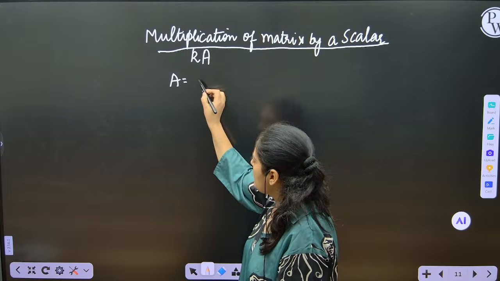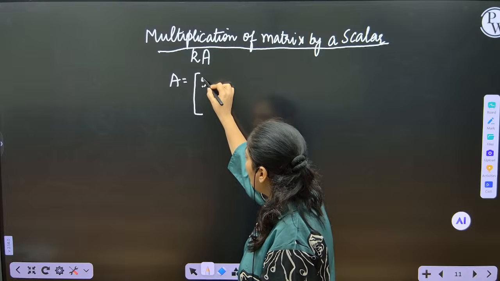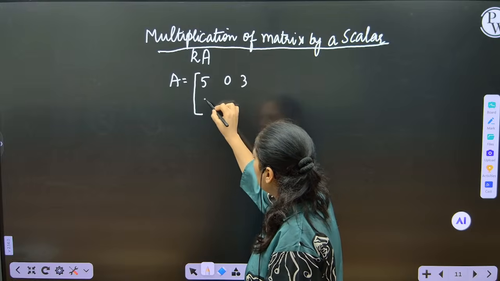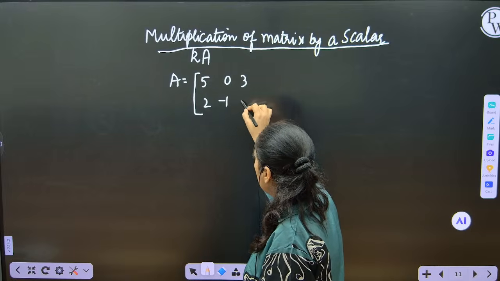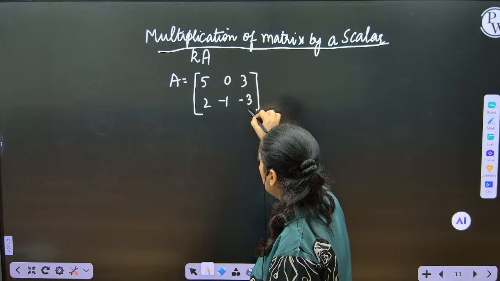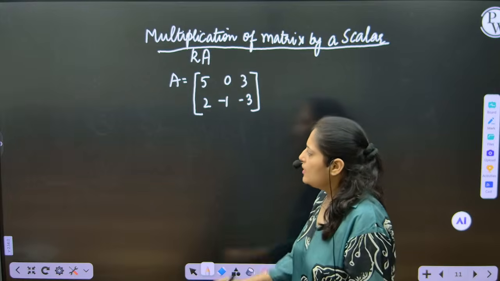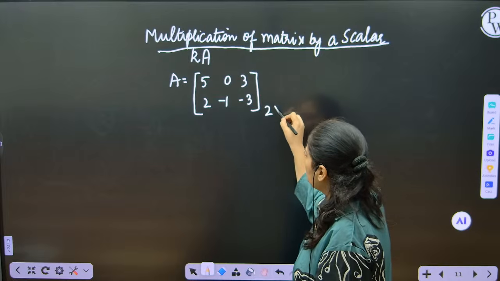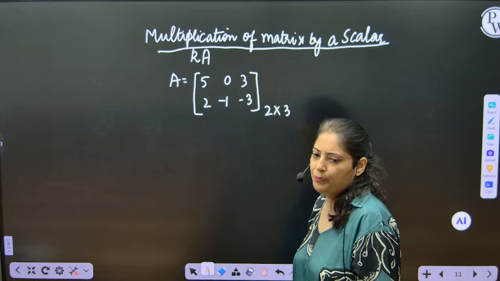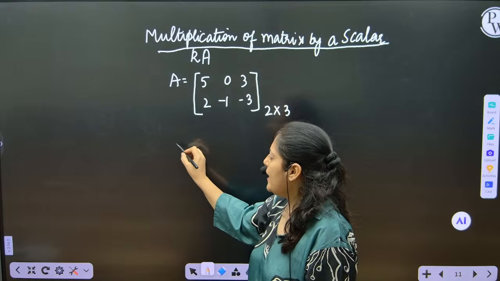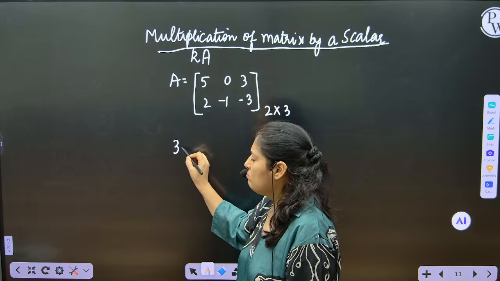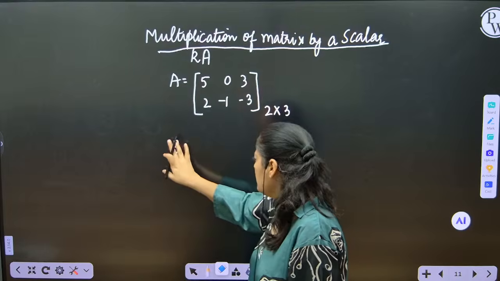So suppose A matrix is 5, 0, 3, 2, minus 1, minus 3. Any matrix is like this. What is the order? 2 rows, 3 columns. Suppose k is 3 or 9, anything it can be.